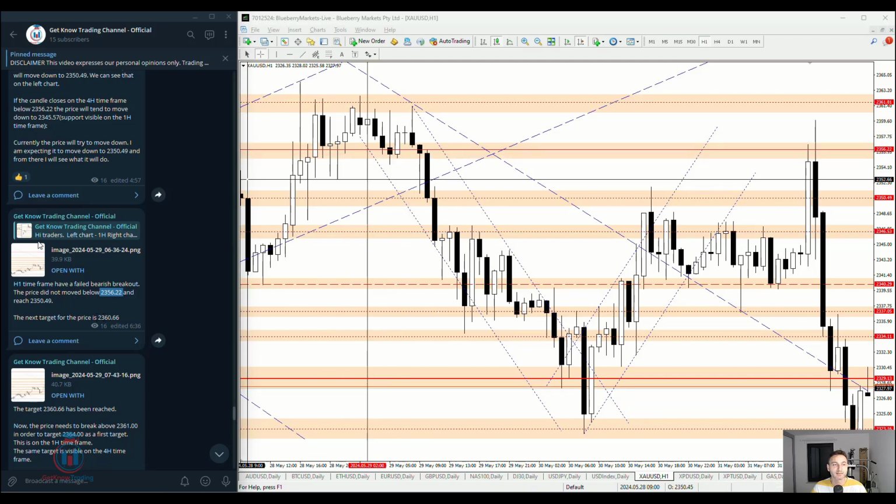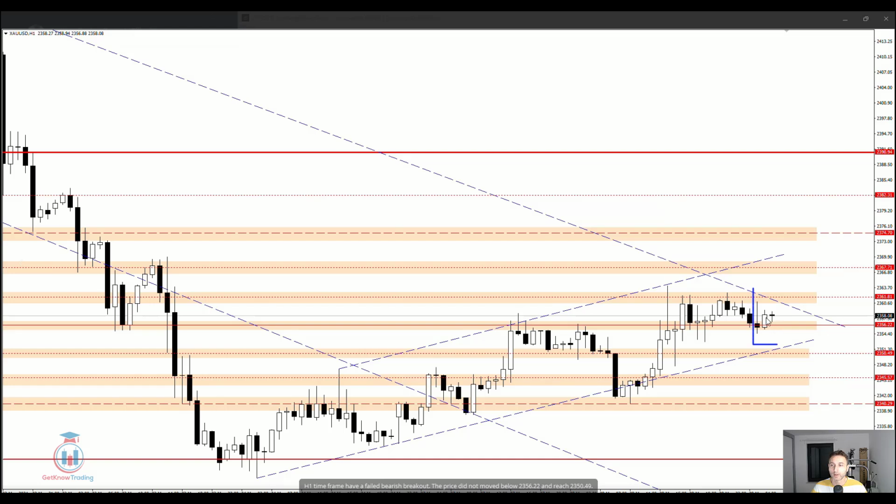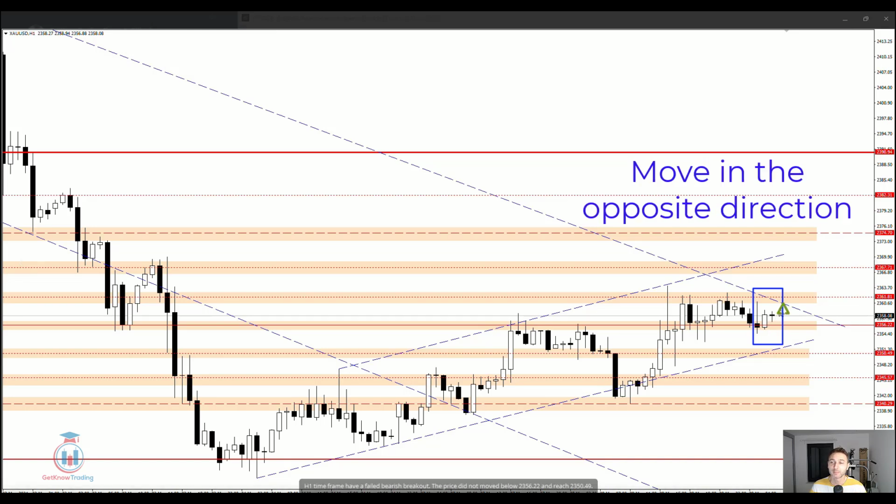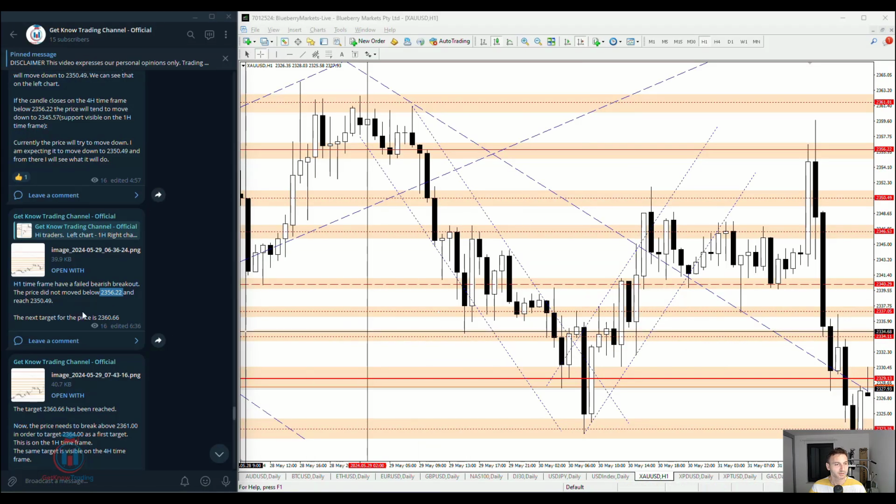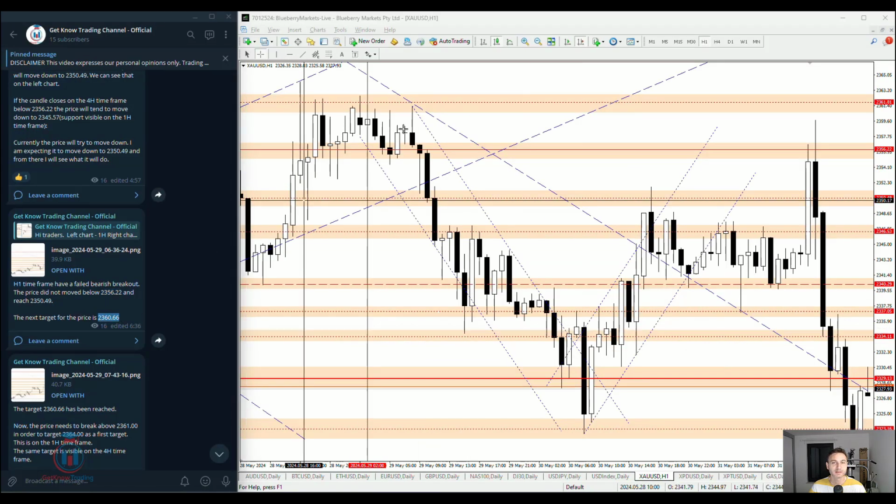So when the price, this was here, you can see that when the bullish candle has been formed, this was information that the price has made the previous bearish breakout fail, and it was expected that the price will move in the opposite direction, and that means it was expected that the price will reach 2360. Let me check this one, 2360.66.